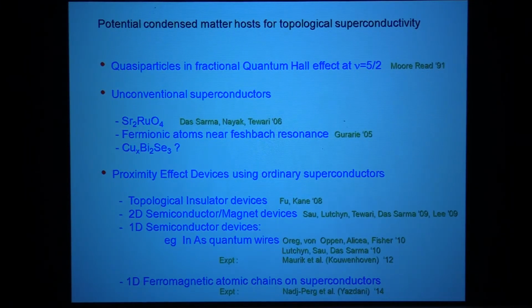Okay, and so this is really where some of these ideas were first thought about, and so there are experiments in the nu equals 5/2 fractional quantum Hall effect, which sort of look like what you'd want to make happen, and so it might be that this is indeed a venue for these Majorana fermions.